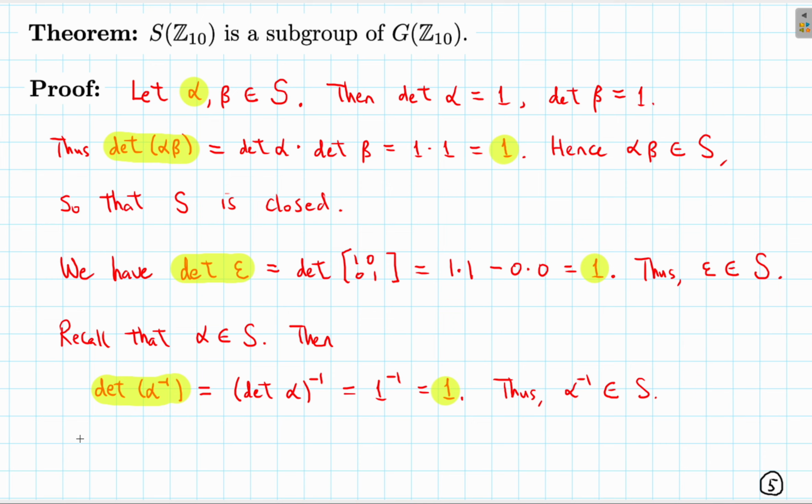And so I'll just write down the final line. In other words, therefore, S is a subgroup of G of Z10 because we showed that it satisfies closure, identity, and inverses. Associativity again comes for free, so we don't even have to mention it.